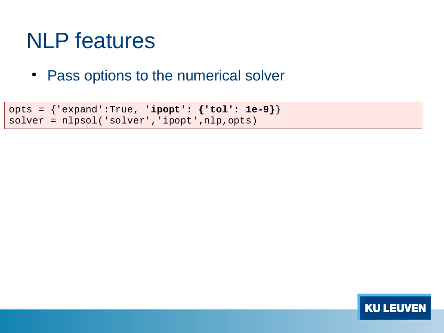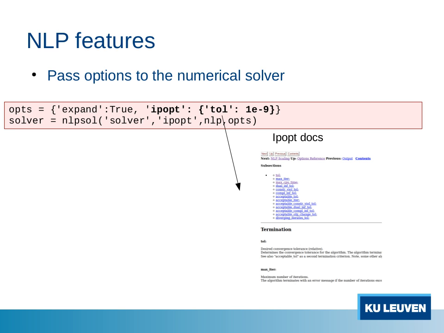There is also the possibility to pass options, and this holds for any CasADi function constructor. This is just an example for NLPs. What is relevant for the IPOpt backend is, for example, the tolerance for solving, and you pass it as a dictionary again. If you're interested in which options you can use, you should really look at the IPOpt documentation.